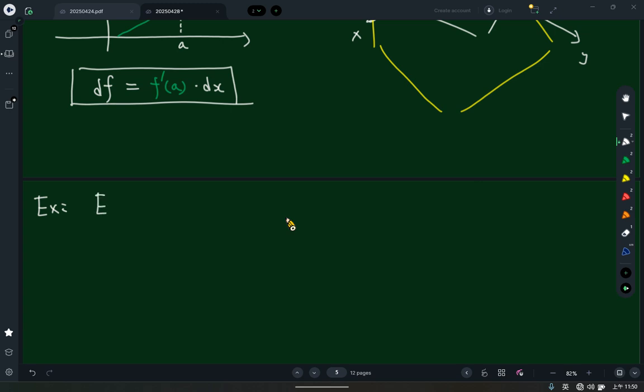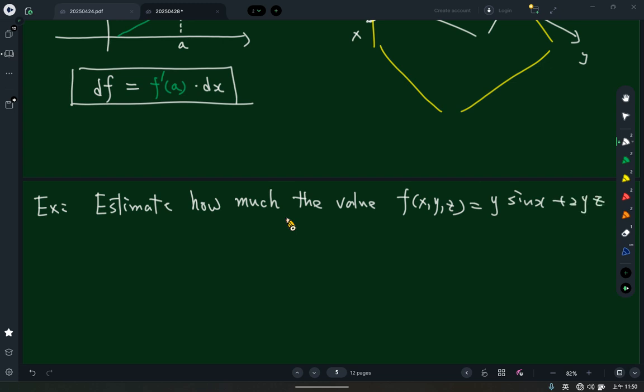Please estimate how much the value of f of x, y, z is equal to y times sine x plus 2yz will change if the point P(x, y, z) moves 0.1 units.